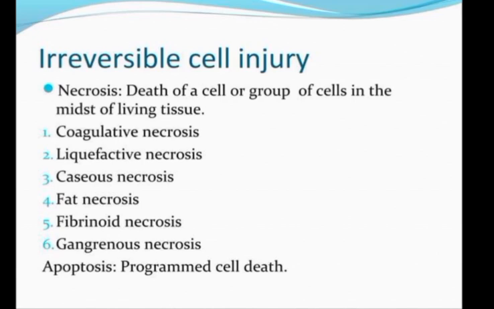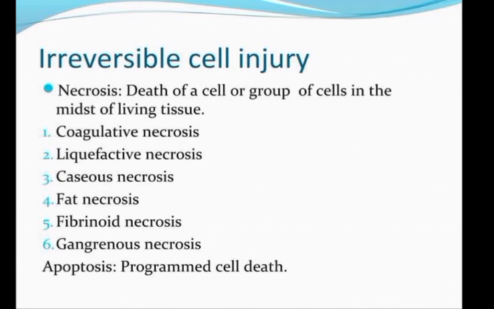Lastly, pathogenesis of physical injury. Physical injury includes radiation injury. Ionizing radiation causes permanent cell damage through the formation of hydroxyl radicals. Ionizing radiation interacts with water molecules, and hydroxyl radicals are generated; these radicals damage the cell membrane and the DNA.